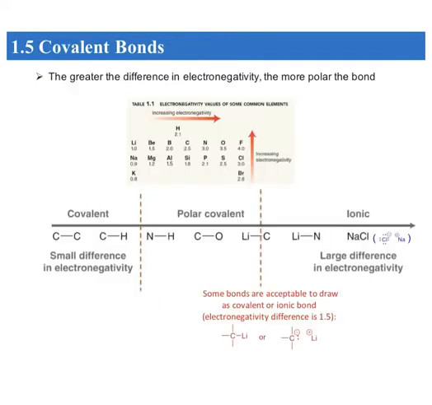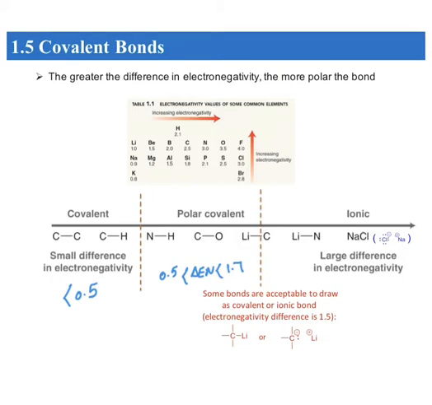This is the summary of what I just talked about. If the electronegativity difference between two atoms is less than 0.5, we have a nonpolar covalent bond. An example of that is carbon-carbon and carbon-hydrogen bond. We have a lot of them in organic molecules, so we consider them as nonpolar covalent bonds. And if the difference is between 0.5 to 1.7, we have polar covalent bonds.